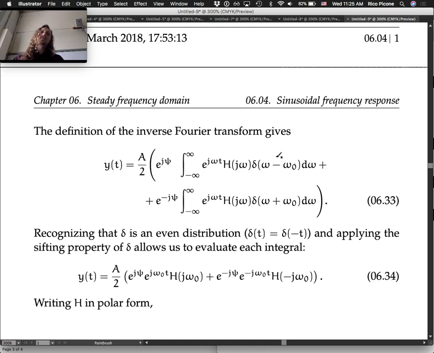So remember, when you do this evaluation of the integral, the sifting property says that we have to change this to be minus omega naught, I should say, omega naught minus omega.